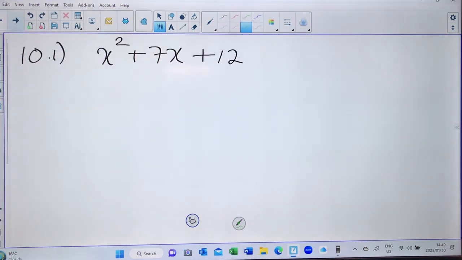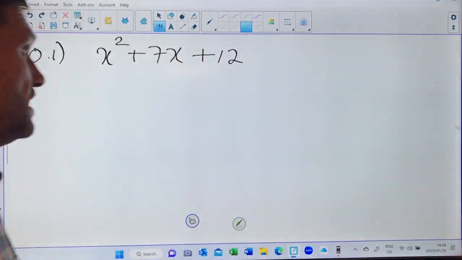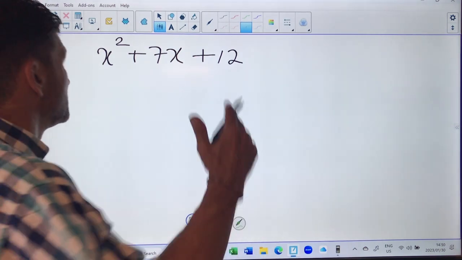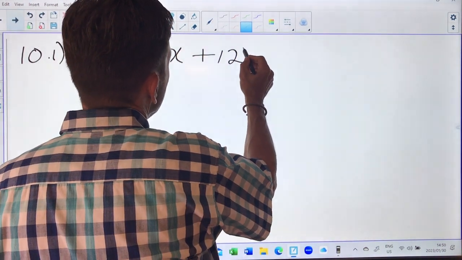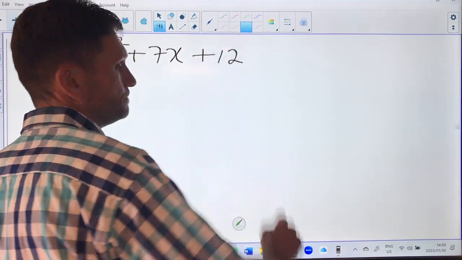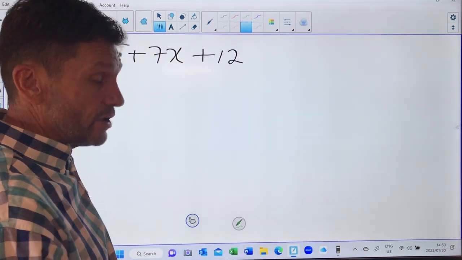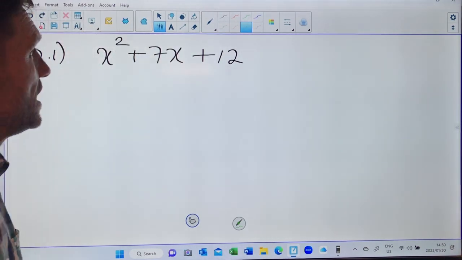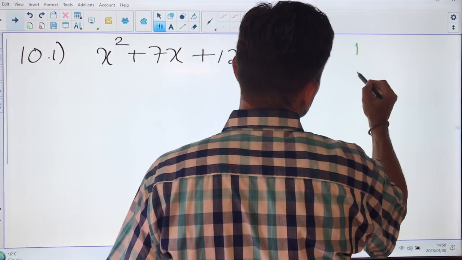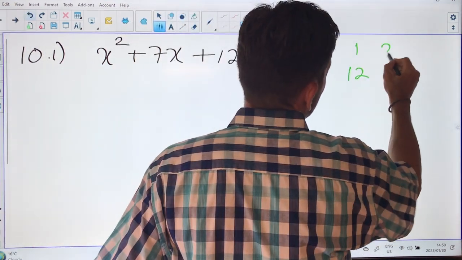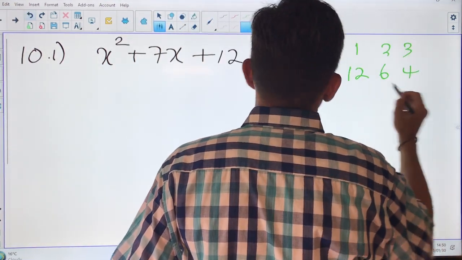Now we're getting to trinomials. The trinomials is something that you have done last year, but I know that this is always a tricky one. I look at the number at the back. If this is in the correct order, so from highest to lowest, I write down the factors of 12. 1, 12, 2, 6, and 3, 4.